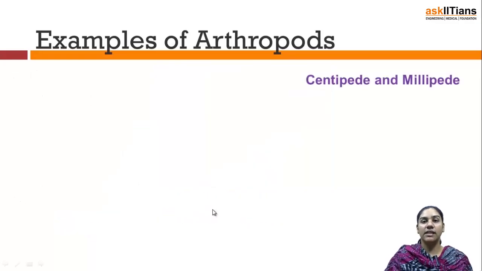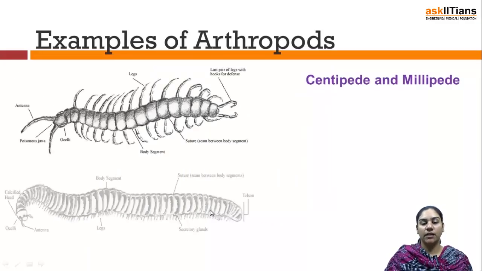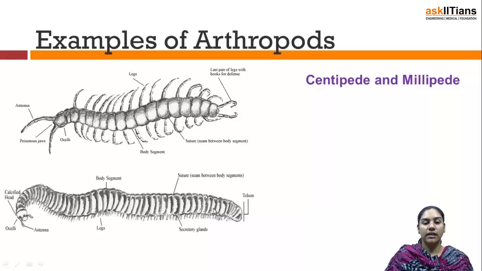The next example is that of the centipede and the millipede. The centipede is smaller than the millipede, and the millipede has more legs than the centipede. The body of both is segmented, and on each segment you can see a pair of legs.